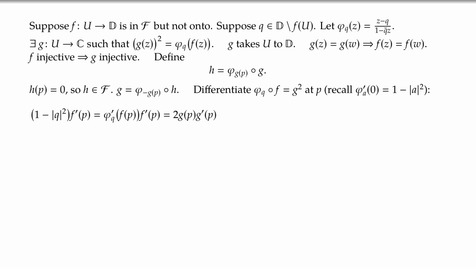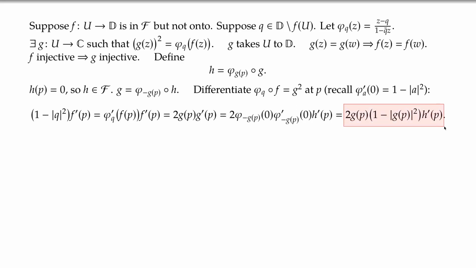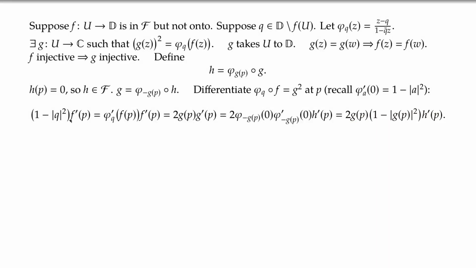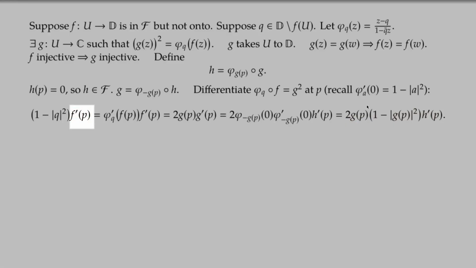Oops, the wrong direction. So if we plug in those zeros, write down what these two terms are, we just get this formula over here. All right. So now we really want to figure out what is f prime in terms of h prime.